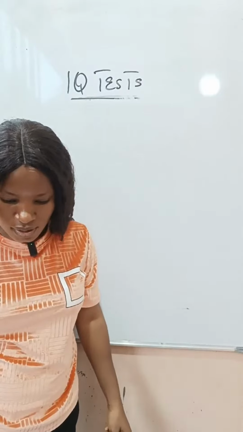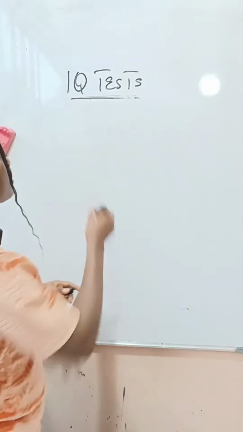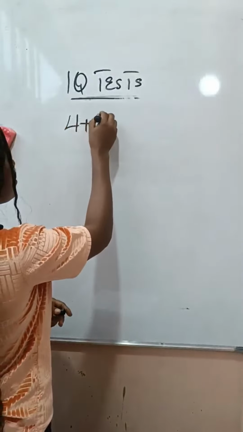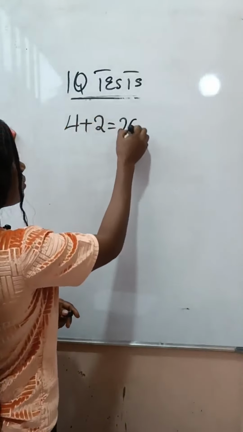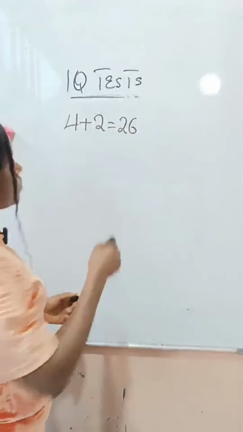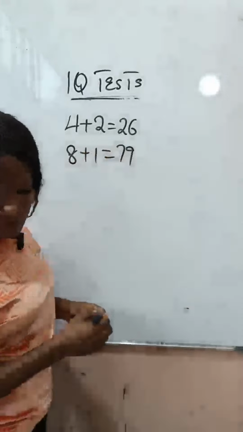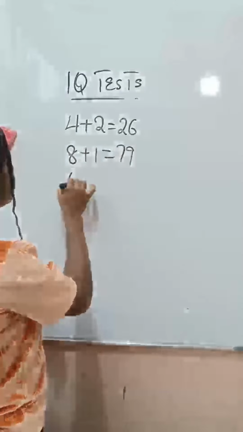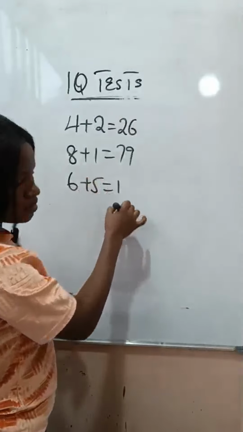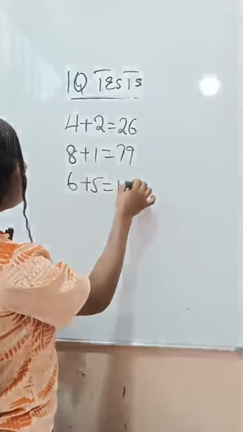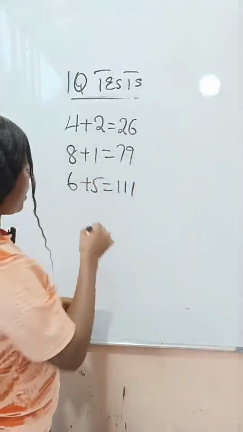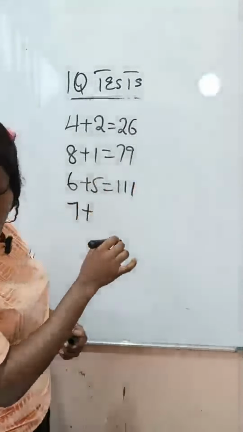So this is it. This says 4 plus 2 is 26. 8 plus 1 is 79. 6 plus 5 is 111. So we're asked to find 7 plus 3.